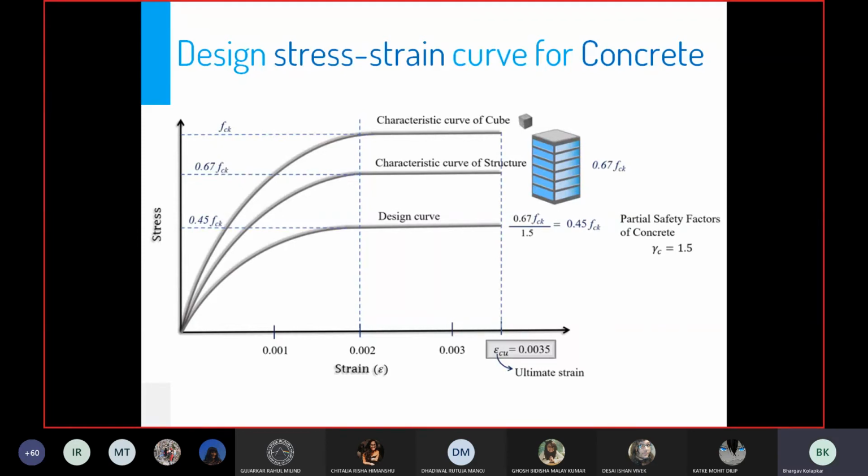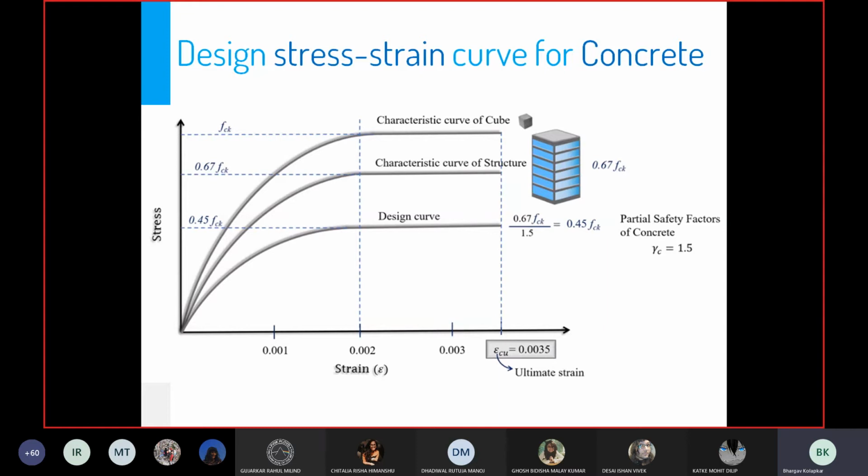When you test a concrete block, it's very simple. You just place the concrete block in the machine, you apply compression, it breaks, you record the compressive strength. But in an actual building, you are going to use the concrete for, say, a beam. In that beam, it is not going to have only compression. It is going to have compression, tension, shear, and so on.